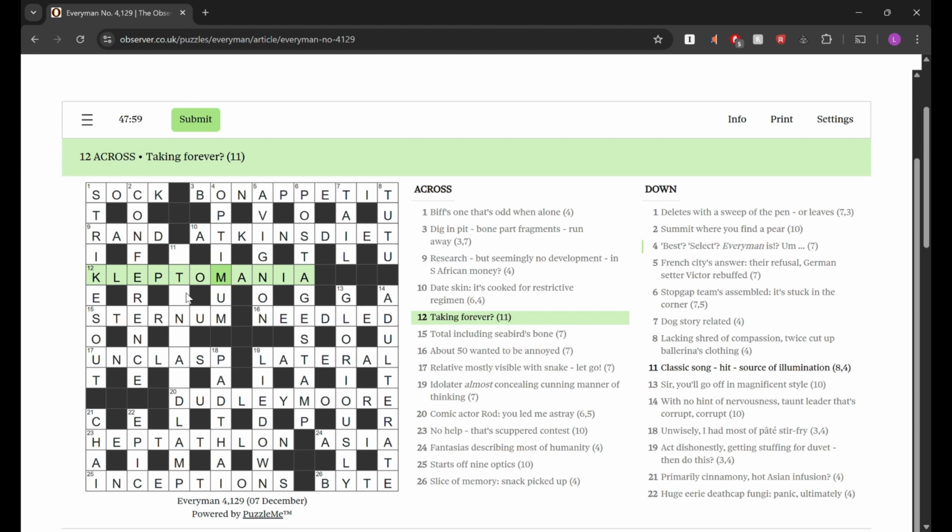Kleptomania. I was right for the mania. So kleptomania. If you steal something, you take it. Weird one. Okay. Is this a standard lamp? I think so.